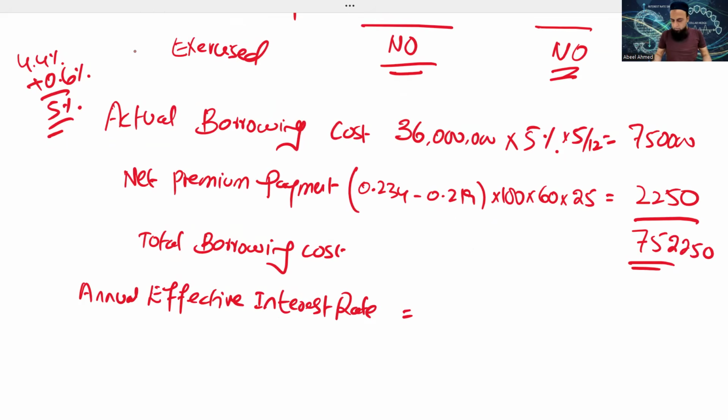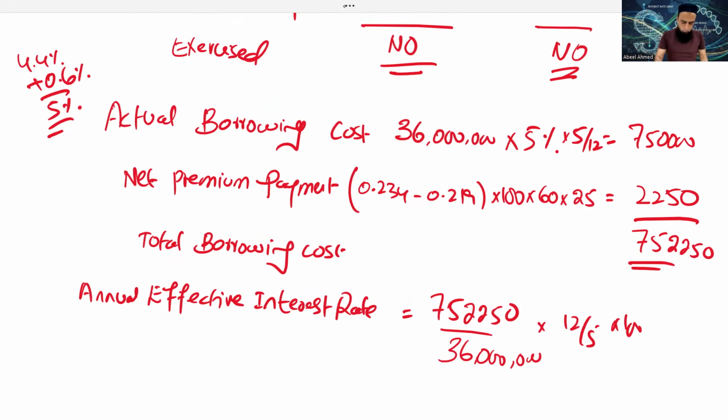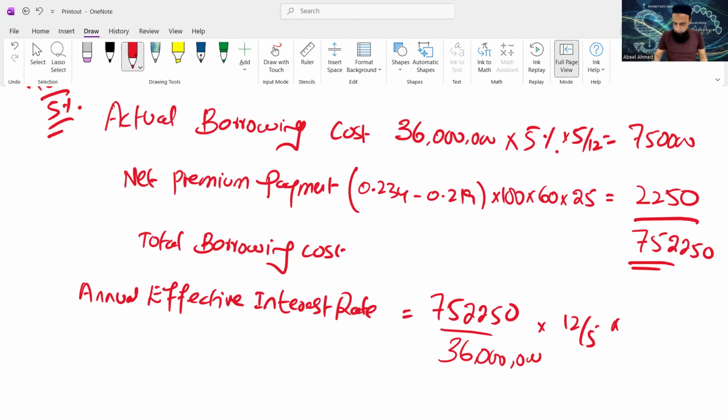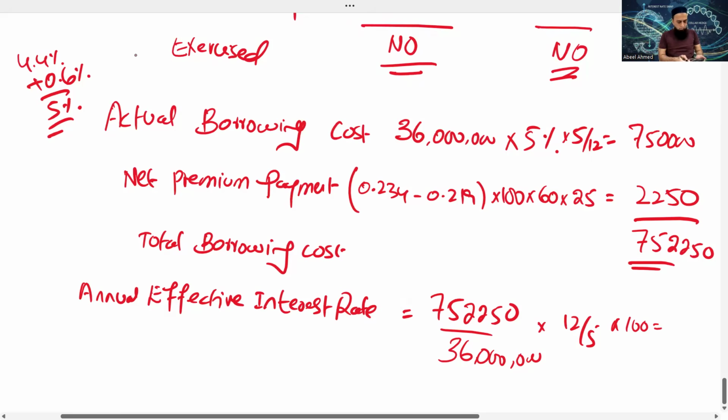Okay, let's take this: 7,52,250 divided by 36 million, into 12 upon 5 into 100. Students, I'm getting 5.015%.